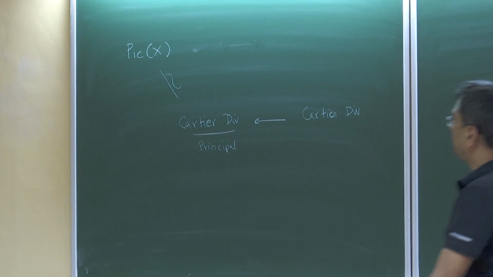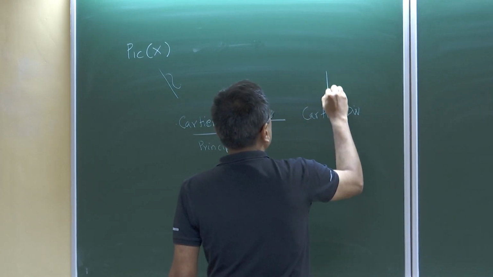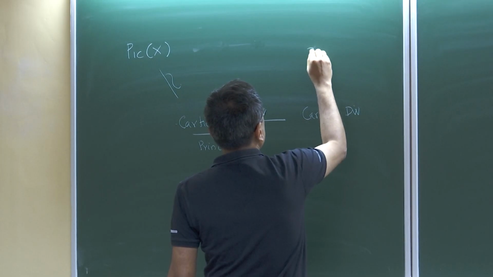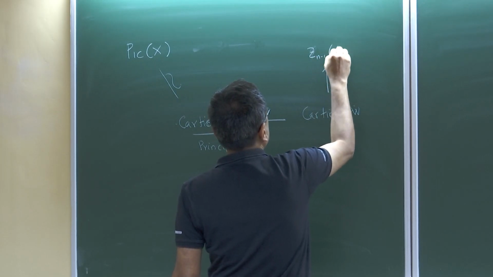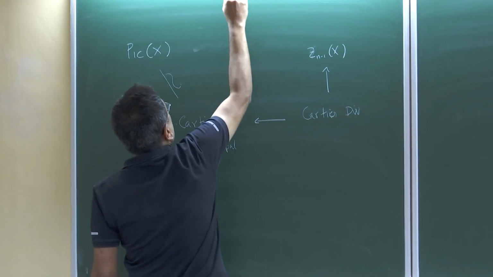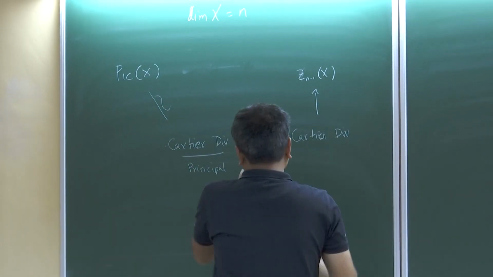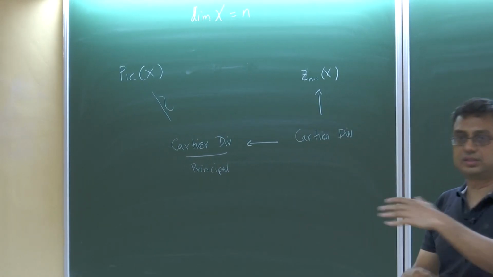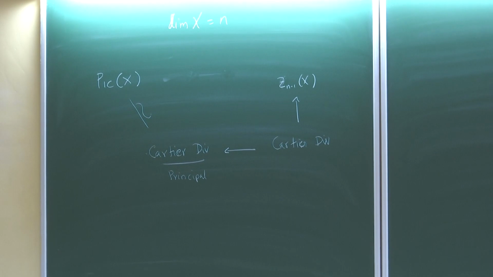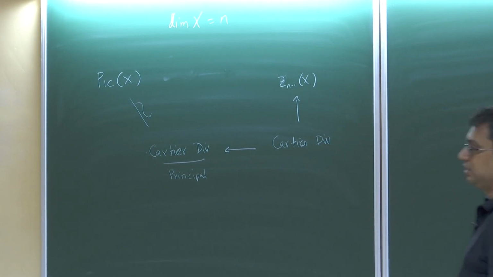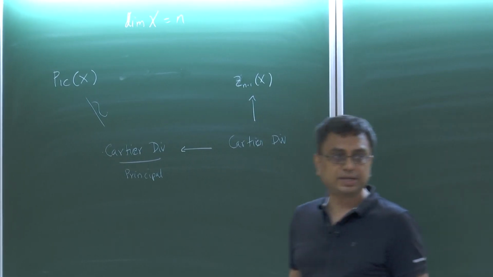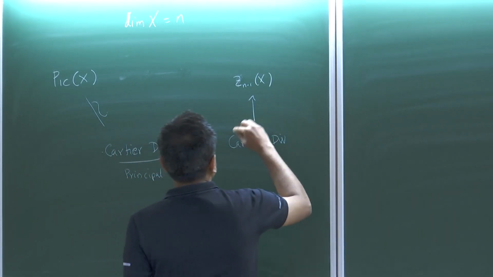And from Cartier divisors we could define a map to Z_{n-1}(X), let's say the dimension of X is n. So given a Cartier divisor, you can define the order of that Cartier divisor at V using one of the local f_alpha, and it doesn't matter which f_alpha because they all differ by a unit wherever they are defined.